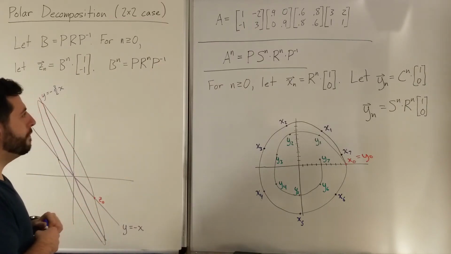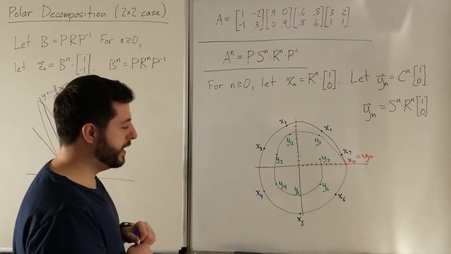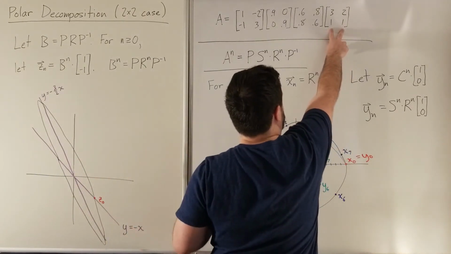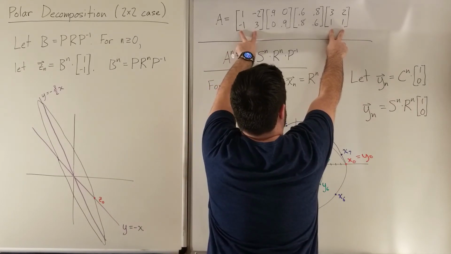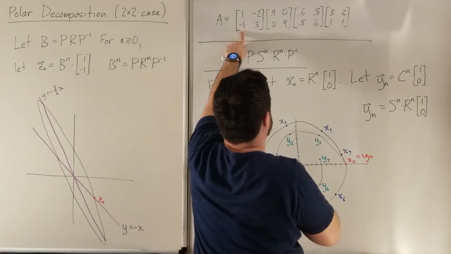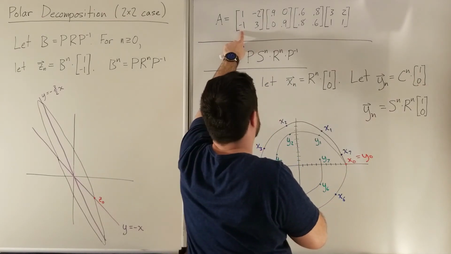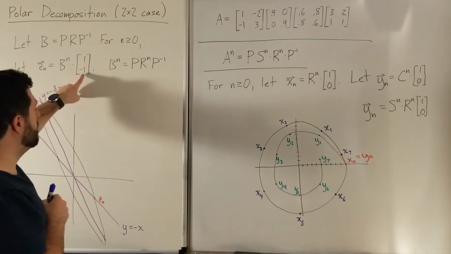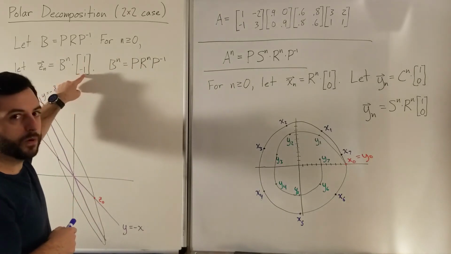Because P inverse times P is the identity matrix, I know that if I take this times the first column of this, it should just be the vector (1, 0). And I want to make it so that P inverse times this vector is the vector (1, 0).